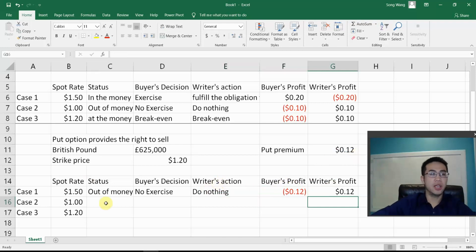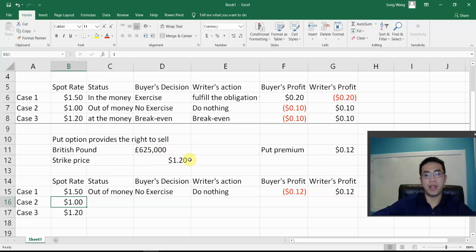All right. In case 2, things are quite different. This time, the spot rate falls below the strike price 1.2. So that means if the option buyer chooses to exercise the option to sell, the option buyer will sell at 1.2. I know this sounds a little bit crazy.